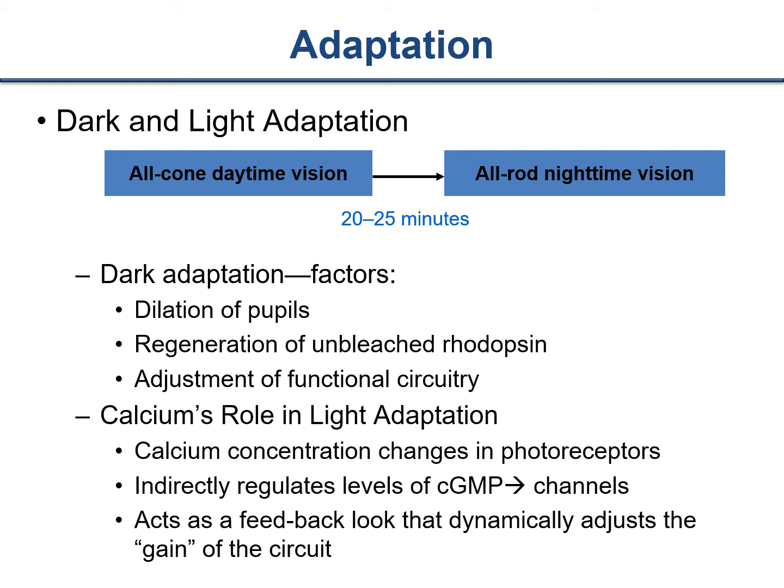You've probably experienced this many times. You're in a dark lecture hall or something like this, and you go out into the bright sunlight right after class, and you're like, wow, the sun's really bright, I can hardly see, and you have to squint for a little while and so on. And eventually, maybe after a short time, it'll get better, and then after 20-25 minutes, you'll be fully back to normal. And then if you go back into this dark room, you're not going to be able to see anything.